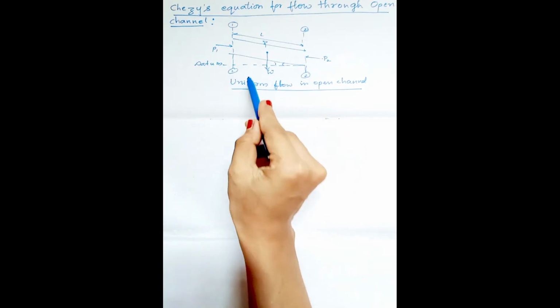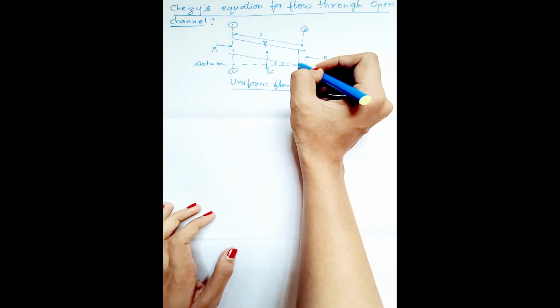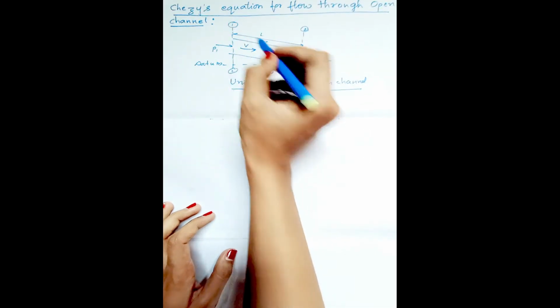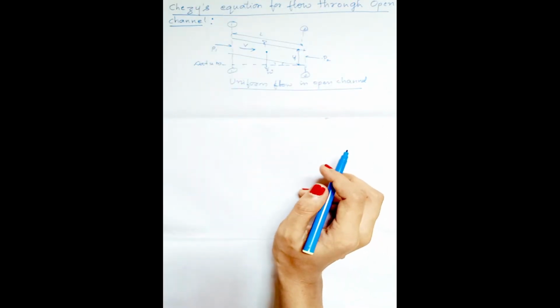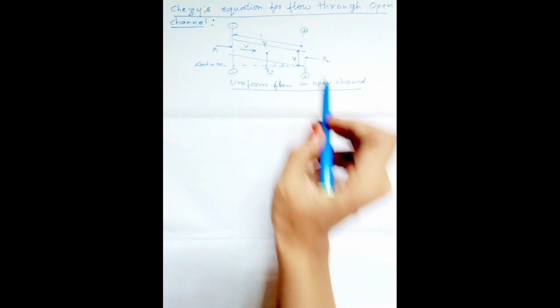So uniform flow means the depth, which is denoted as y, the velocity and the area of flow are assumed to be constant for a given length of the channel.